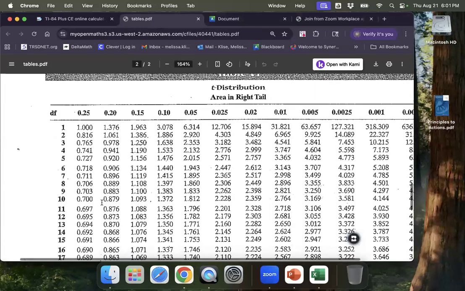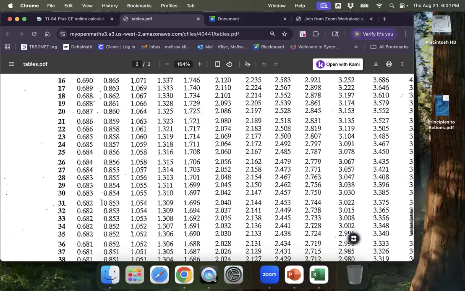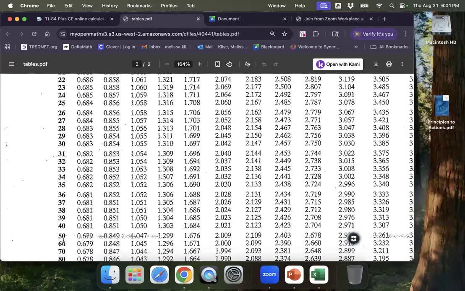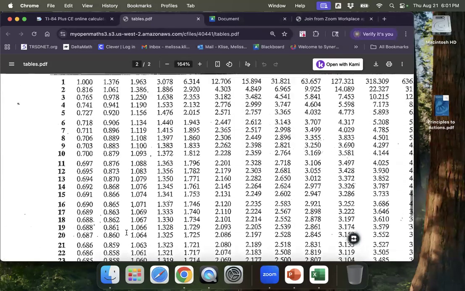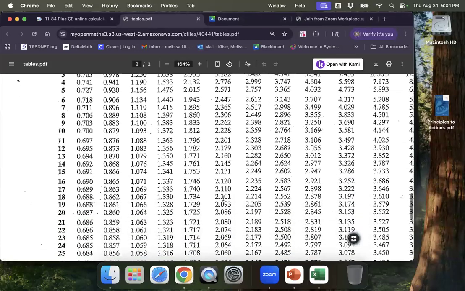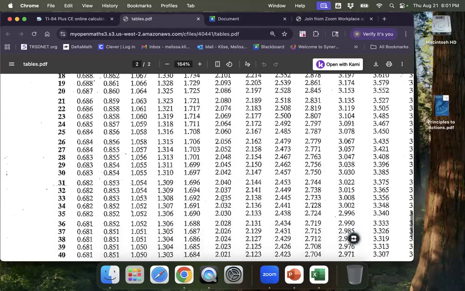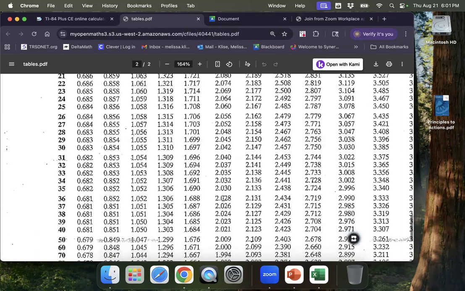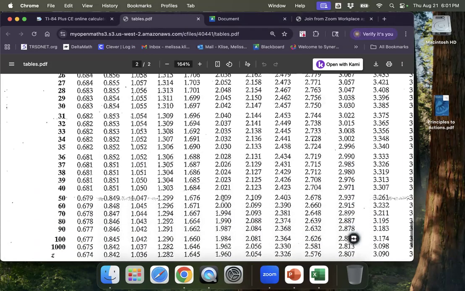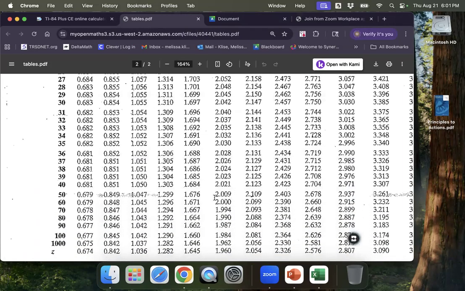The tricky thing here is that we don't have a 45 or 44, so I'm just going to split the difference. That's the struggle once you get larger sample sizes, you have to kind of guess. So I'm just going to take halfway between 2.021 and 2.009.